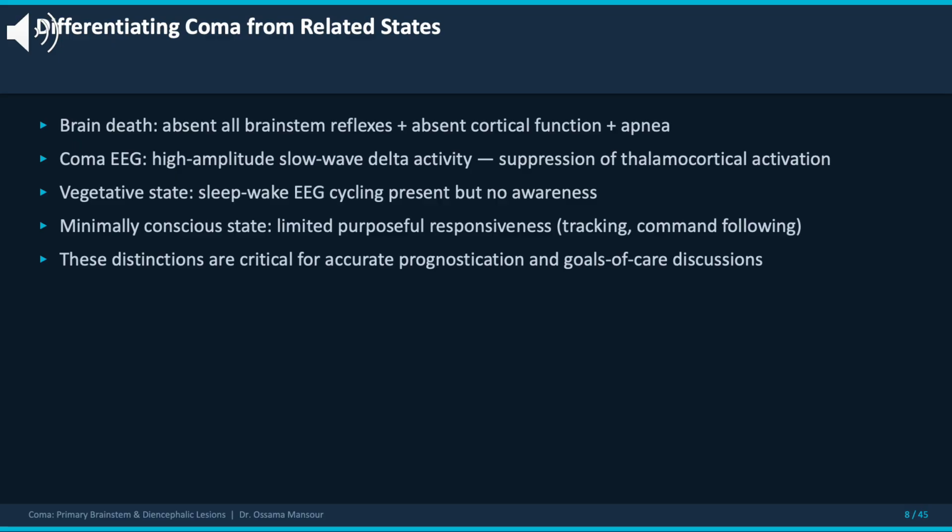In the minimally conscious state, there is demonstrable awareness of self or surroundings, evidenced by limited, though clearly purposeful responsiveness, such as visual tracking of objects or following simple commands inconsistently. These distinctions are critical for accurate prognostication and for guiding discussions with families about goals of care.